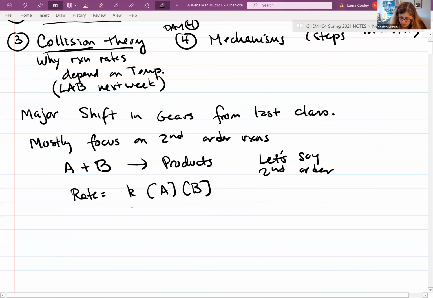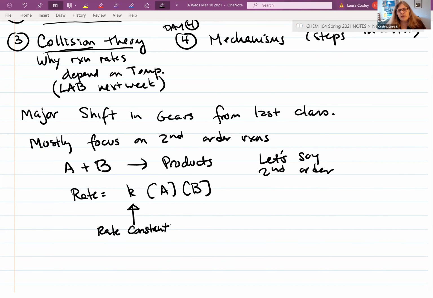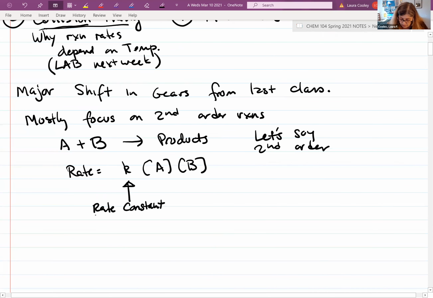And now this rate constant, this is really what we focus on today. Collision theory will give you information about what the value of that rate constant depends on, how it changes with temperature, things like that. So we're really focusing on this rate constant and what it depends on.